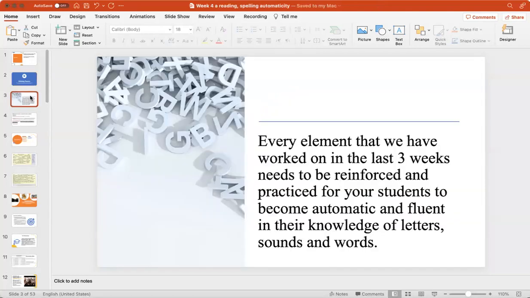Every element that we've worked on in the last 3 weeks needs to be reinforced and practiced for your students to become automatic and fluent in their knowledge of letters, sounds, words, and phonemic awareness.